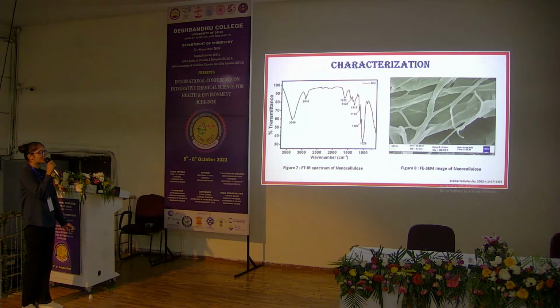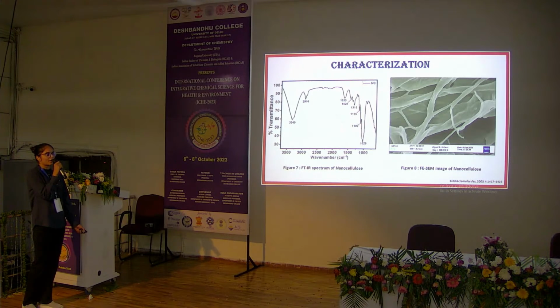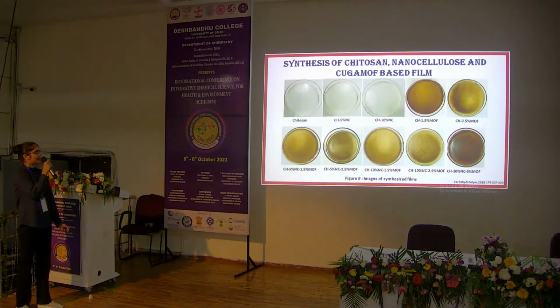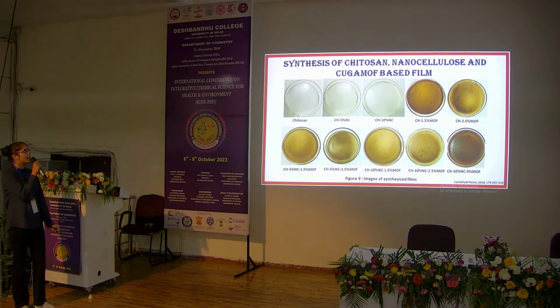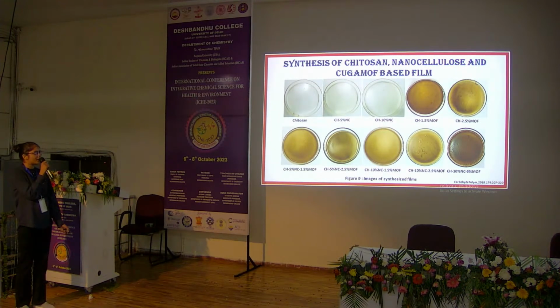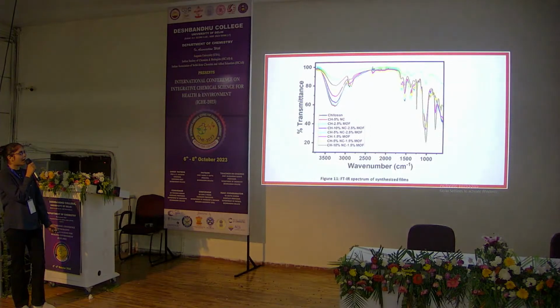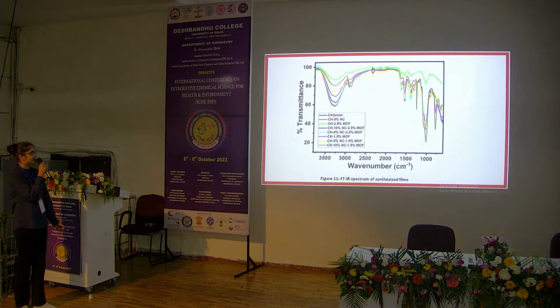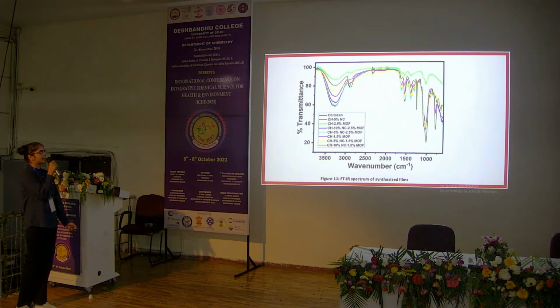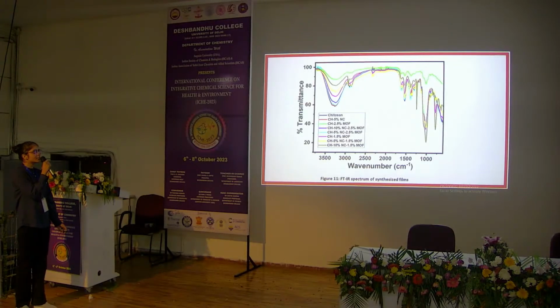In the SEM images it looked like a nanofiber structure, and then I synthesized the chitosan based film having nanocellulose and copper gallic MOF in different concentrations. It was characterized by FESEM and IR spectrum. In the IR spectrum, the OH peak and other peaks decreased with concentration.